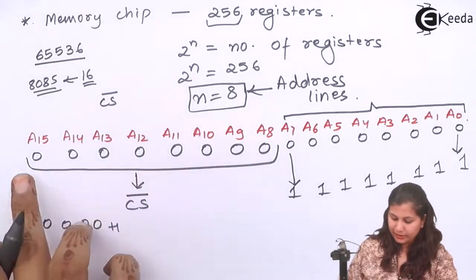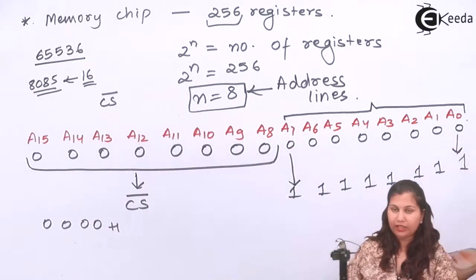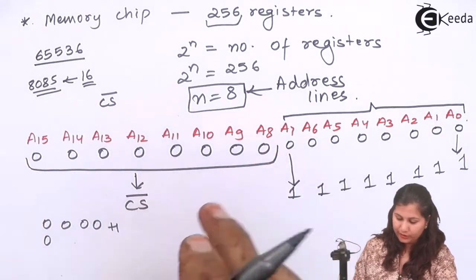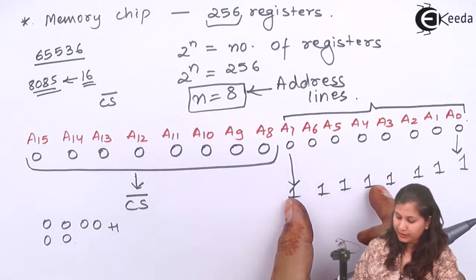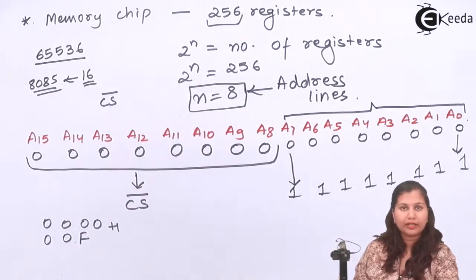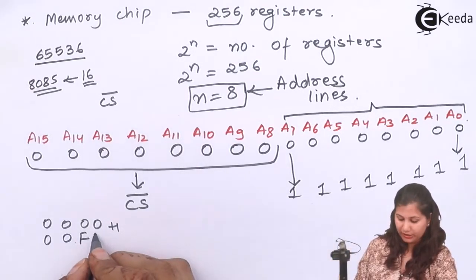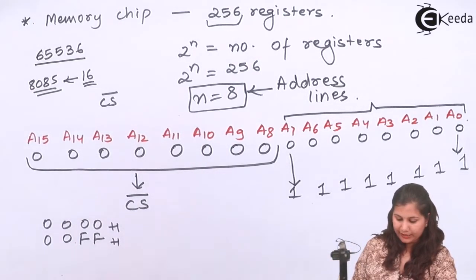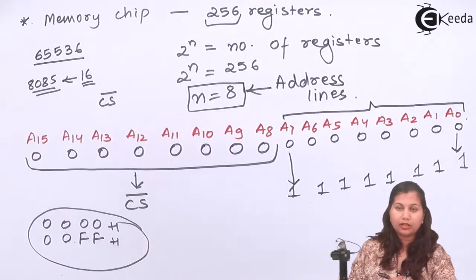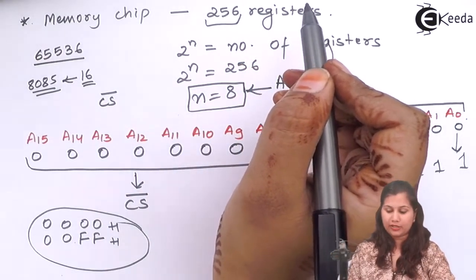Now for the last address, A15 to A8 are 0 and A7 to A0 are 1. So these 4 are 0, these 4 are again 0, these 1111 are equivalent to F in hexadecimal notation, and the last 4 are also 1, so equivalent to F. So this is the address range of this memory chip, which has 256 registers: 0000 to 00FF.